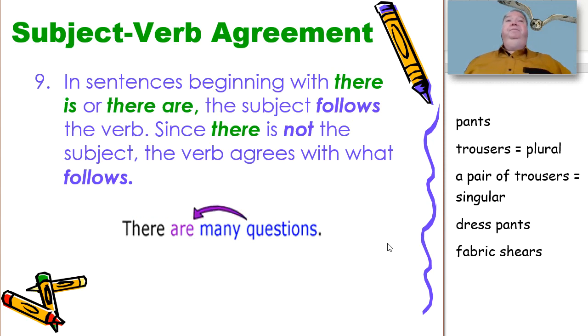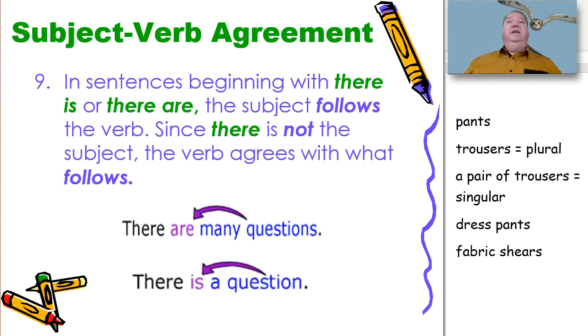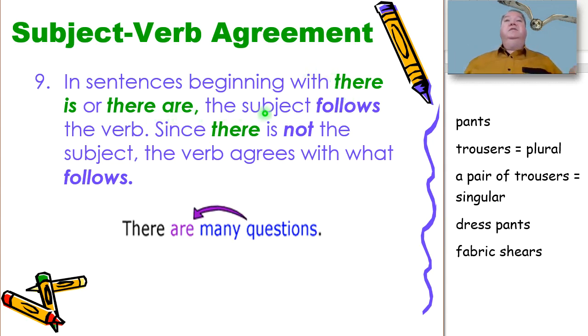Number 9. In sentences beginning with the words there is or there are, the subject follows the verb, because there is or there are is at the beginning. So the subject actually has to come after that.